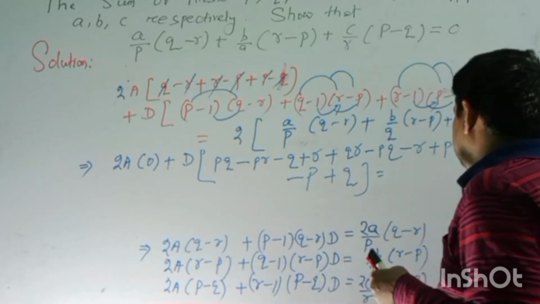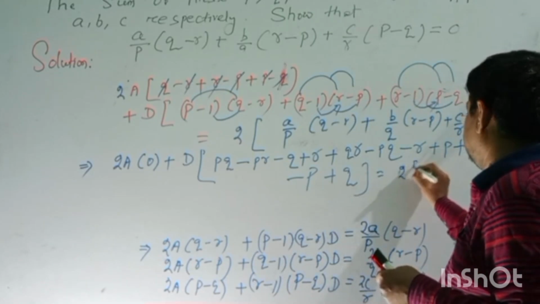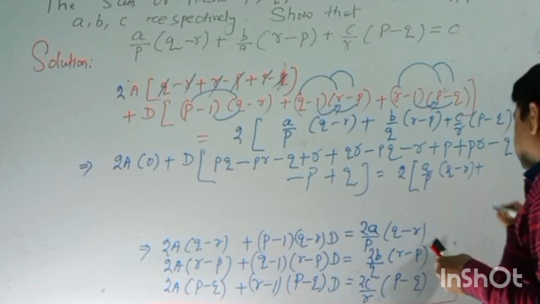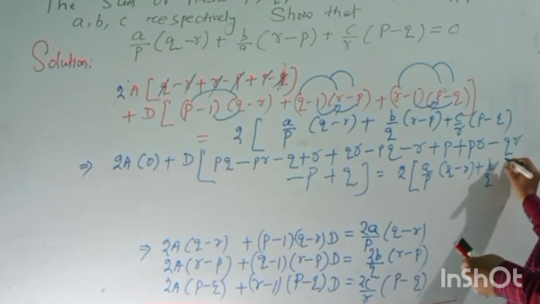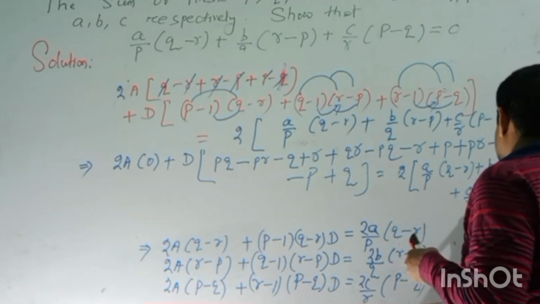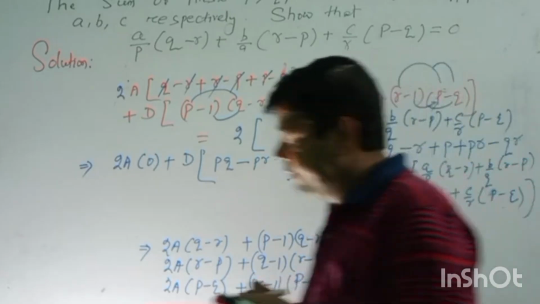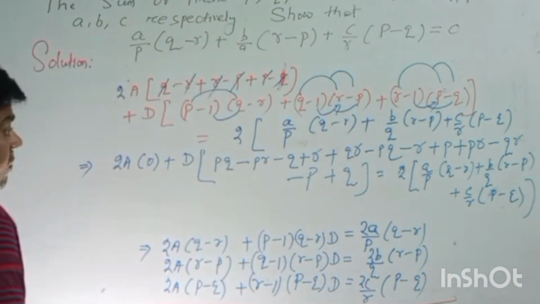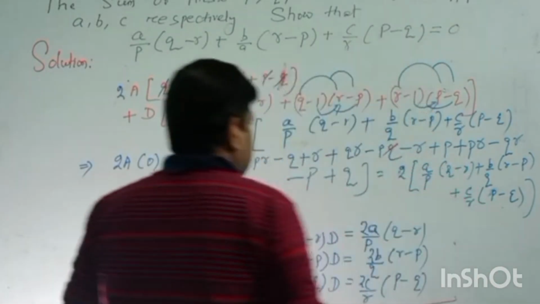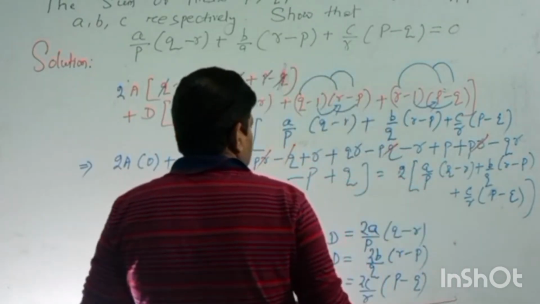Is equal to, we shall write 2 times a by p times (q − r) plus b by q times (r − p) plus c by r times (p − q). Okay, understand? Now you see plus pq and here is minus pq. Can you cancel? Yes, and minus p here, plus p will cancel. Minus q plus q will cancel here.